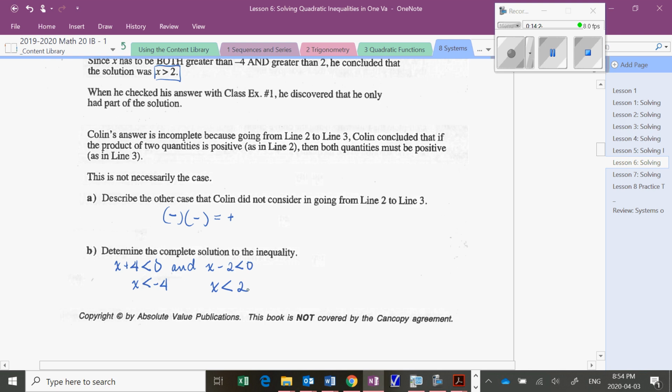And the one that is going to be more restrictive of the two is x less than -4. And thus our complete solution is going to be x less than negative 4 or x greater than 2.